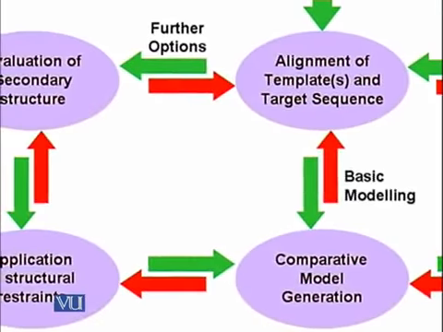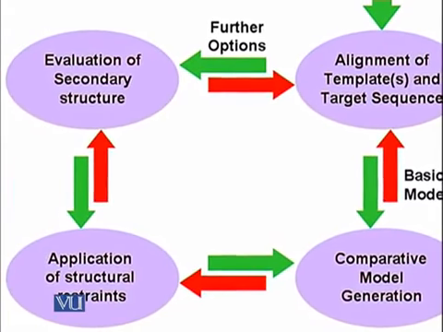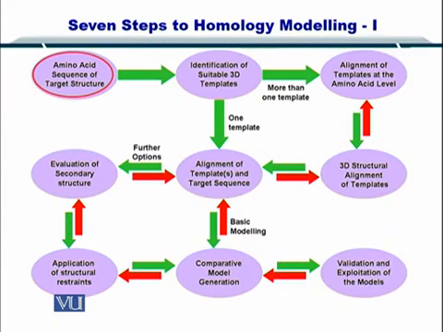However, in case the template and the target are not aligned nicely, then you would want to do secondary structure prediction, such as the fold recognition or threading. So homology modeling essentially takes place here, and the overall homology prediction employs these steps.